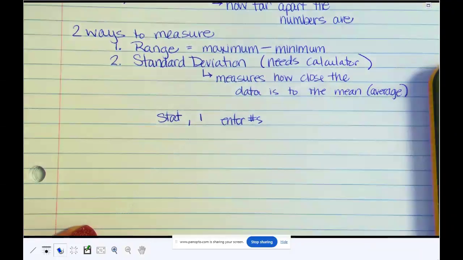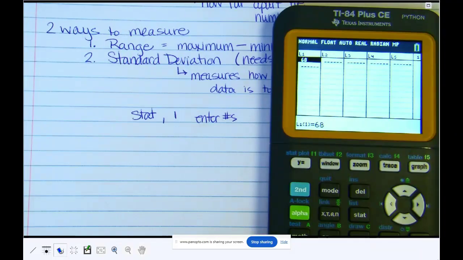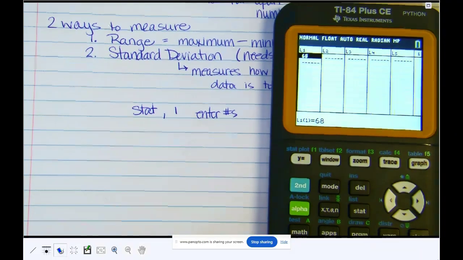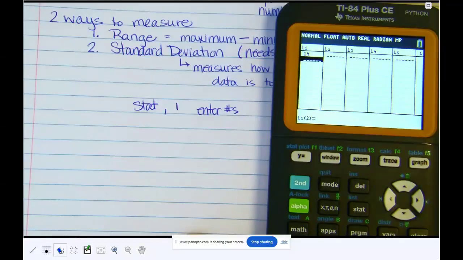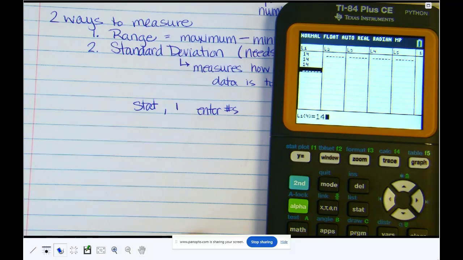Here's what I want you to do. I want you to enter 12 14s. So 14, 12 times, and start counting them.